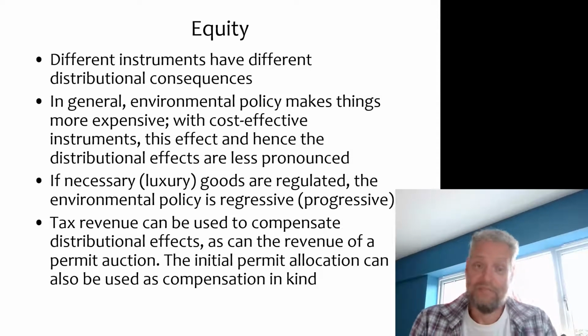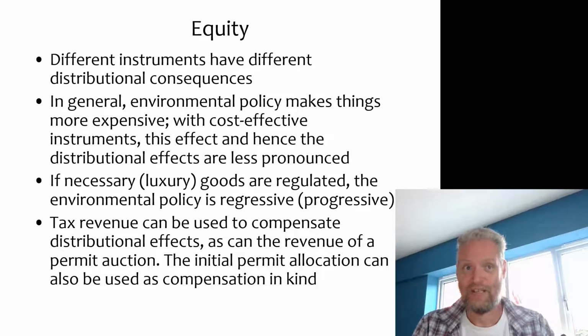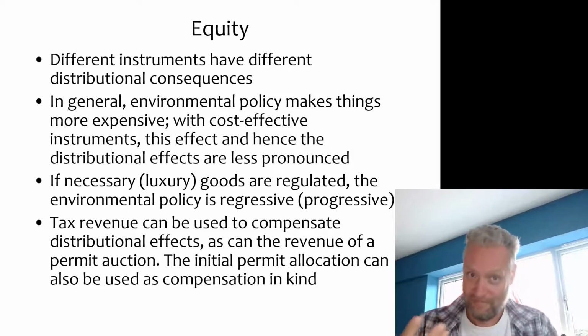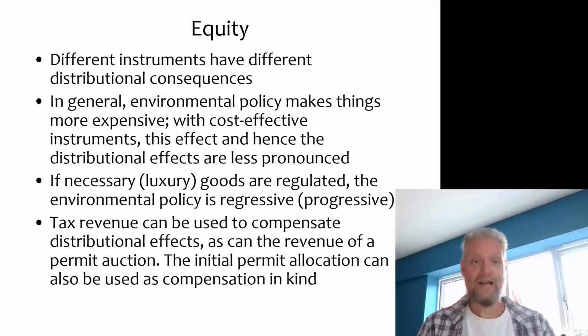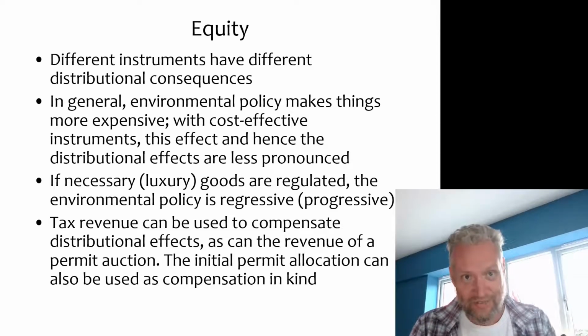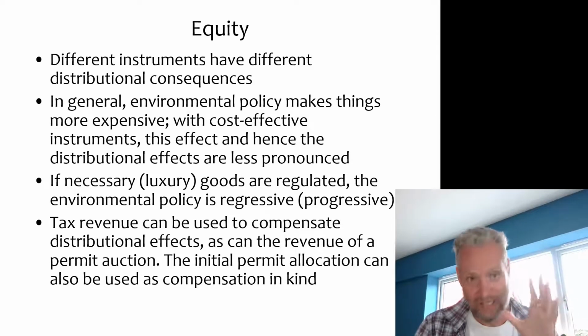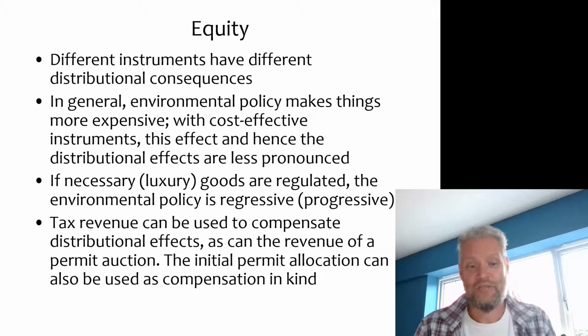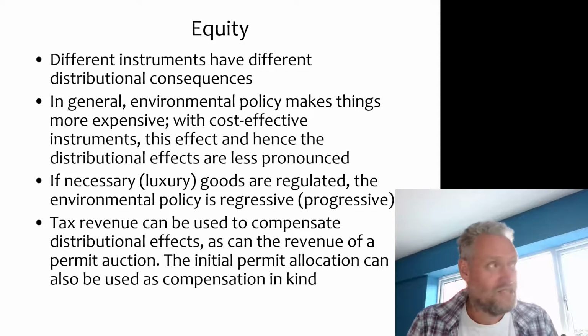And that means, by definition, that poorer people pay a greater share of their income towards these things. And if you intervene in that market, you're going to make things more expensive, particularly for the poor, whereas richer people are less affected by this.